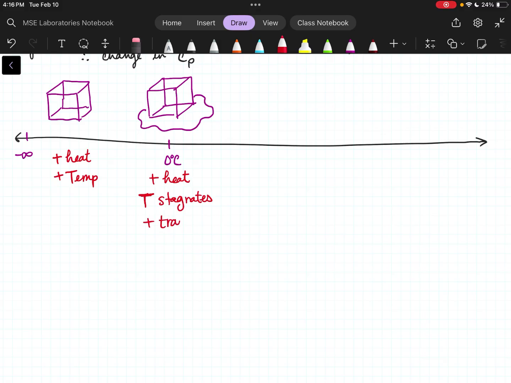So I'm going to add plus transition because all of that heat is being absorbed by the ice molecules because this is an endothermic reaction. Look at that. More backstory that ties in here. Eventually, good? Okay. Eventually, all of that ice is going to melt and I have now water.